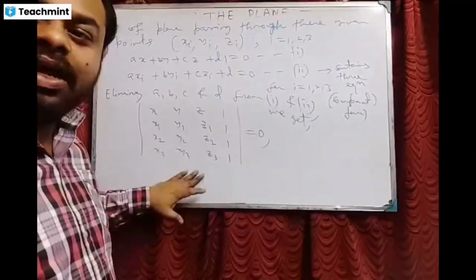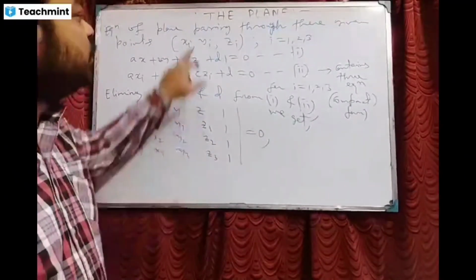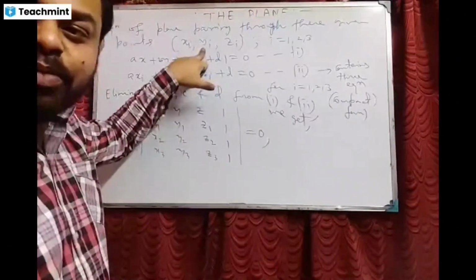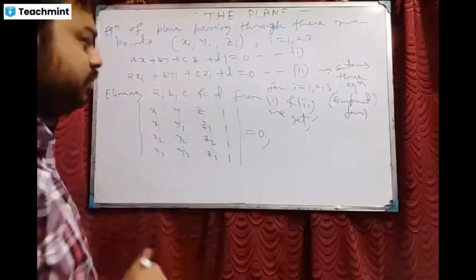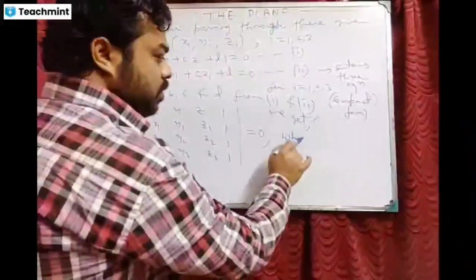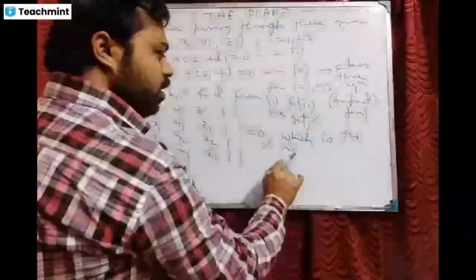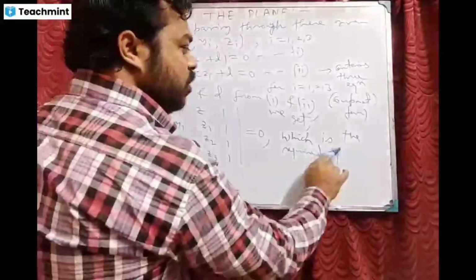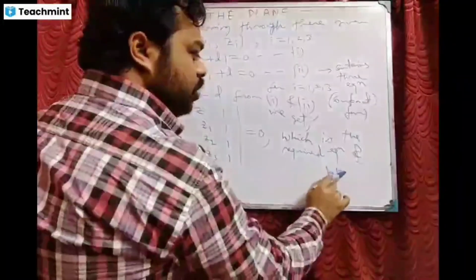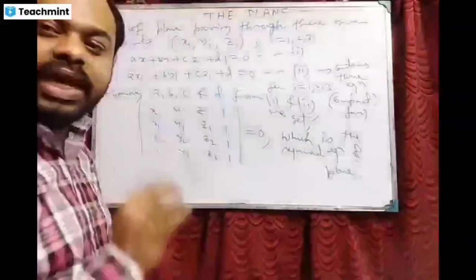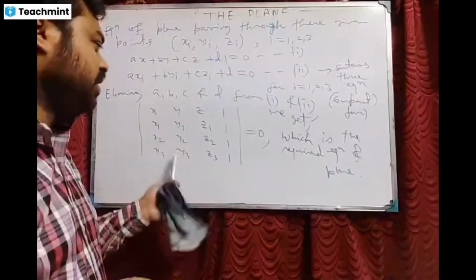Therefore, this is the required equation of the plane passing through the 3 given points xi, yi, zi. So if there are 3 given points, then this is the equation of the plane.